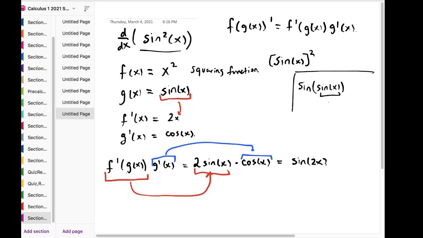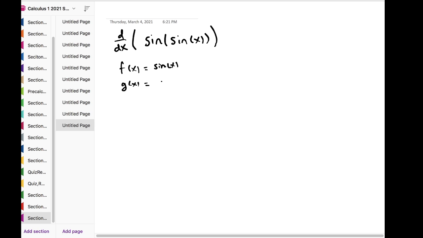Okay, so let's actually do this example. We established before that f was equal to sine and g was equal to sine, so we know what the derivatives are. The problem is how do you arrange it?